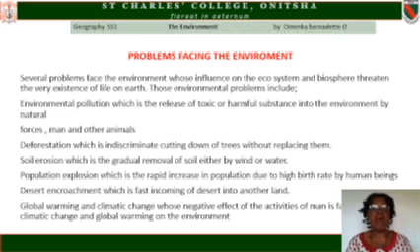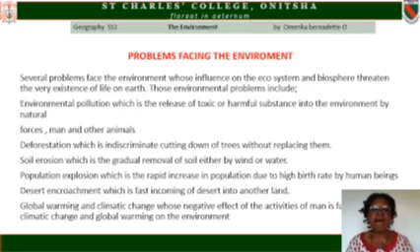Then we have desert encroachment, which is fast incoming of desert into another land. This problem, we are trying to experience this one in Nigeria, in northern Nigeria. Sahara Desert is trying to enter into Nigeria. Our federal government is trying the much they can to wage it. Because when it comes, we may not know what to do again, and it will affect us disastrously.